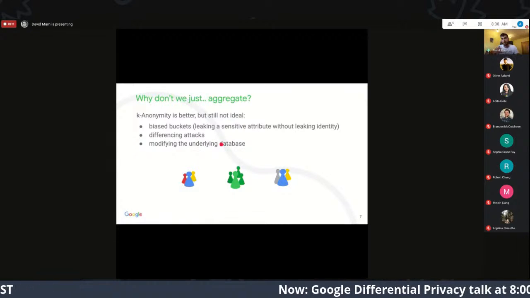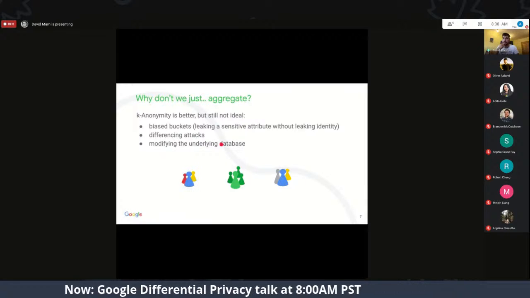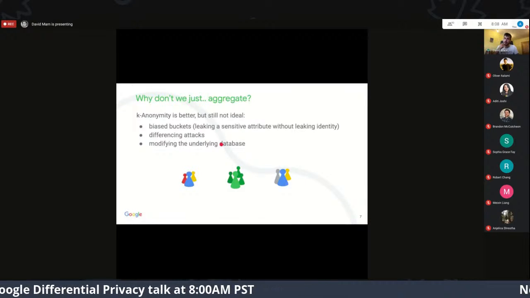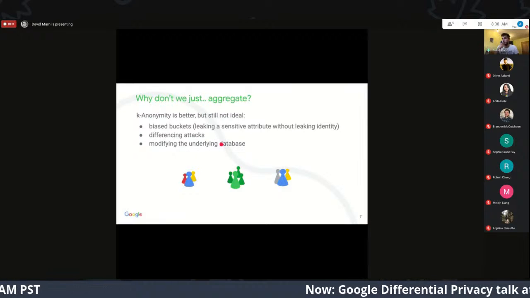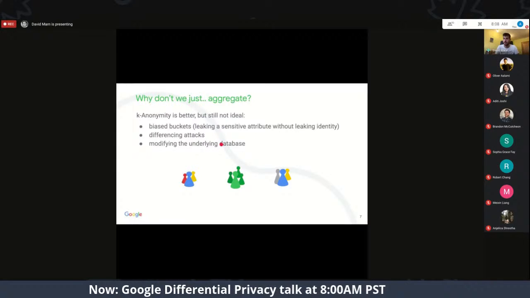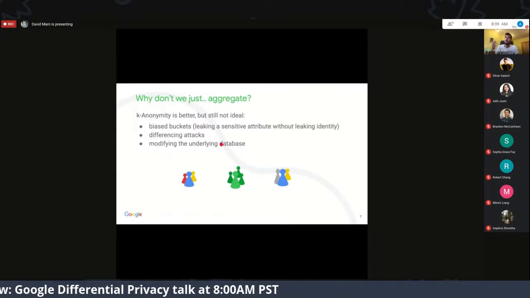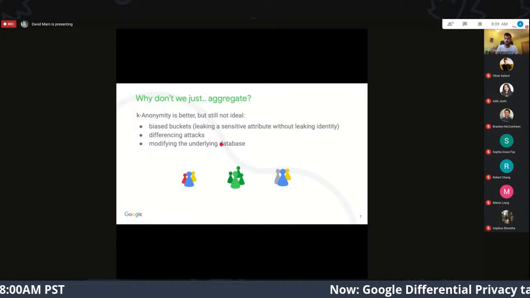And one more example of how much subtleties matter in k-anonymity is when you modify the underlying database. Because these databases are comprised of real-world data, we can imagine a case where the attacker can actually plant some fake entries into the database.